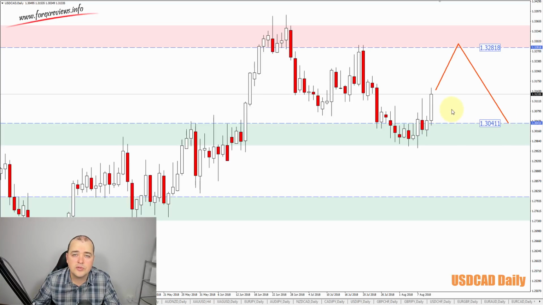So overall on US CAD, holding the 132.81 zone area as a potential long-term target area to the upside for all those people that are holding a buy position on this market from the 130.41 zone area. And also the 132.81 zone area is an area on this market where we're looking for bearish evidence and a potential move to the downside from this important area. Okay, well, that's that market.